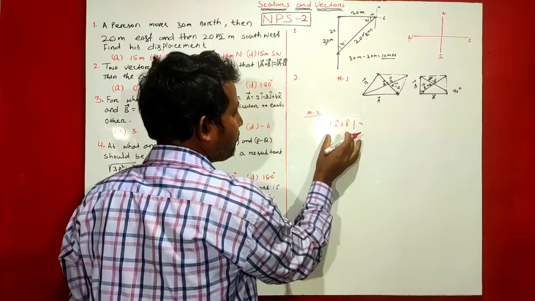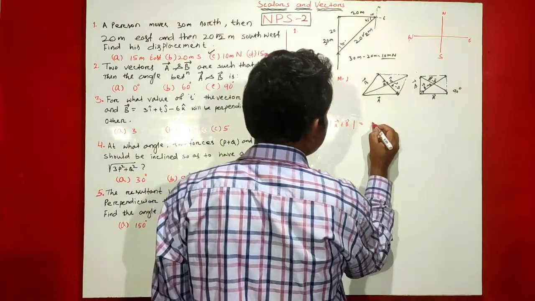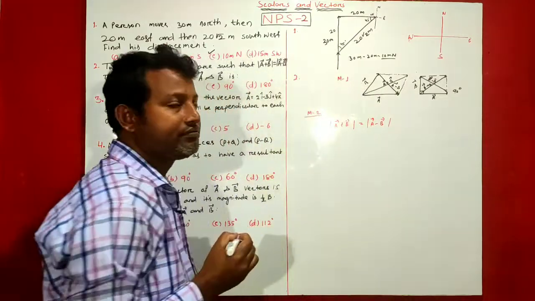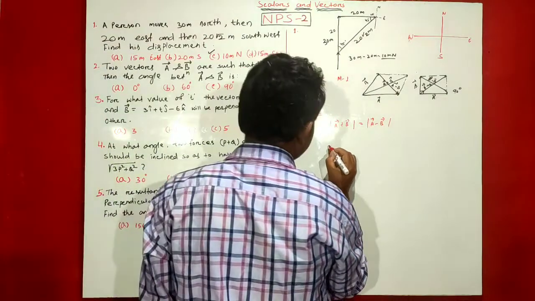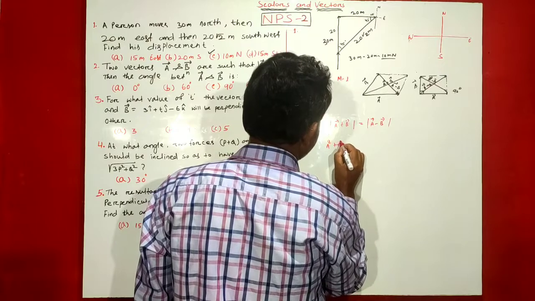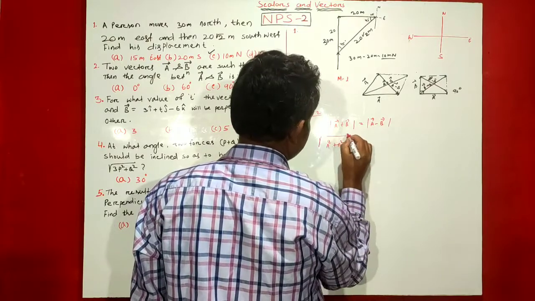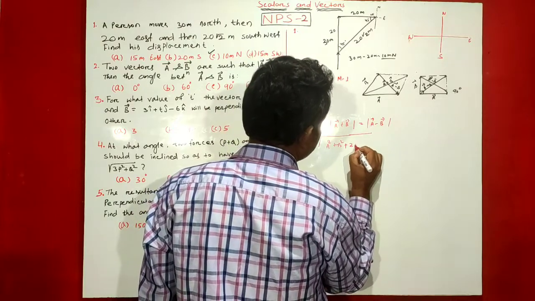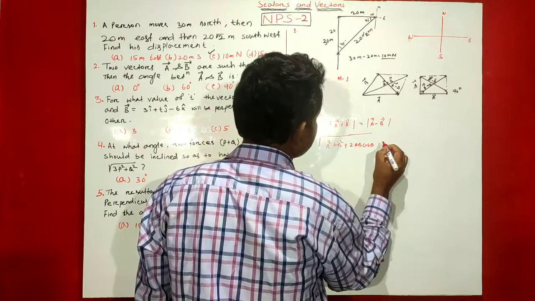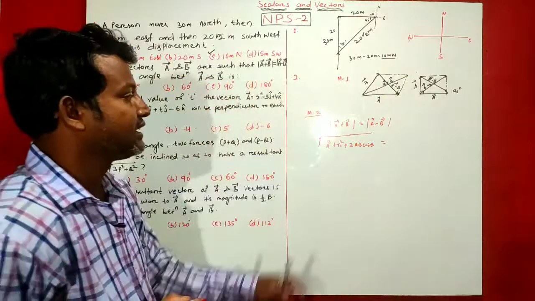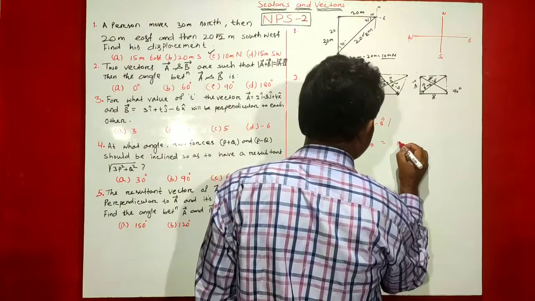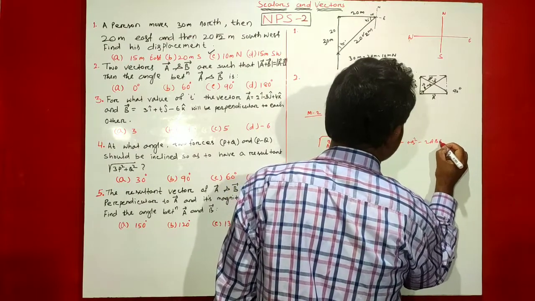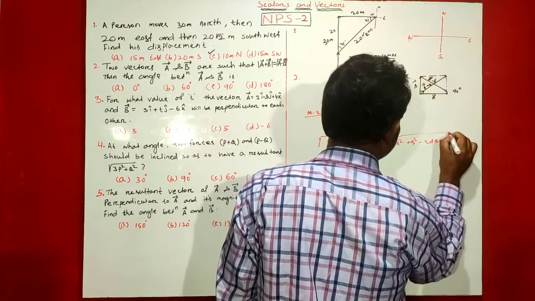The magnitude of A plus B is equal to the magnitude of A minus B. The magnitude of A plus B is the square root of A square plus B square plus 2AB cos theta, and A minus B is the square root of A square plus B square minus 2AB cos theta.